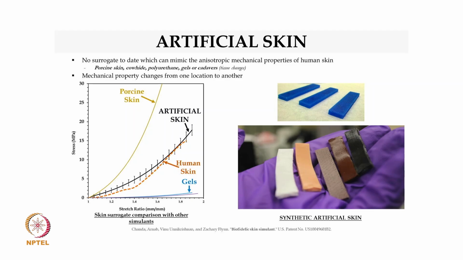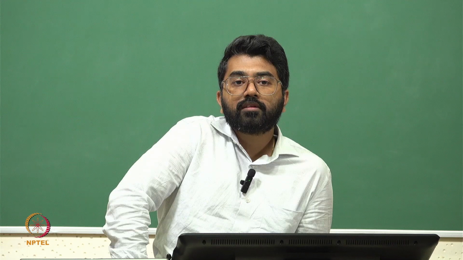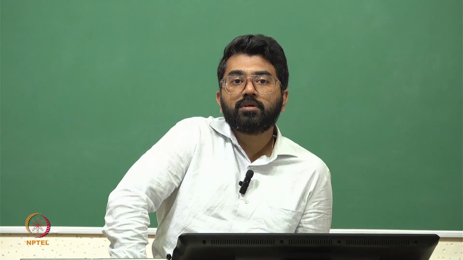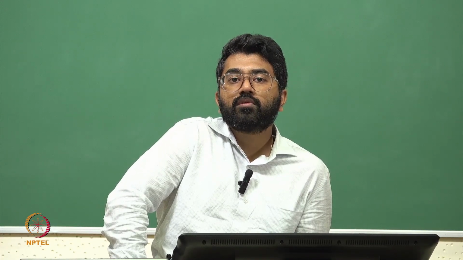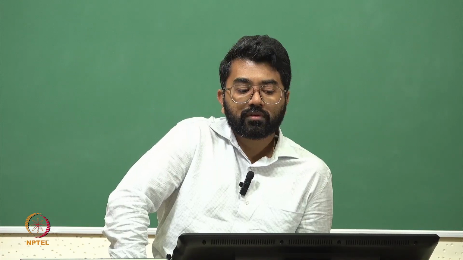Stretch is nothing but strain plus 1, just the plot shifted. If you look at the porcine skin property, it is much stiffer or stronger than the human skin. So that clearly indicates if we use porcine or pig skin to run some experiments or analysis, it is going to give us very different results from what a human skin would give us. That's why it's not a very good candidate.